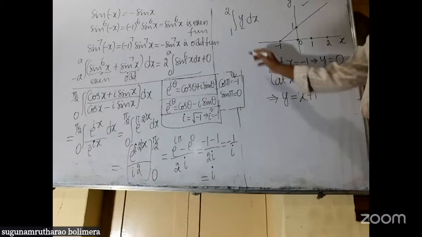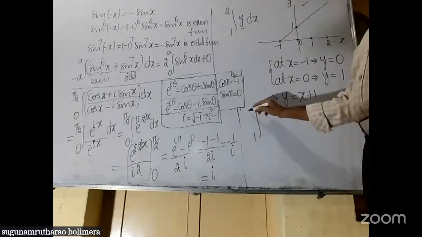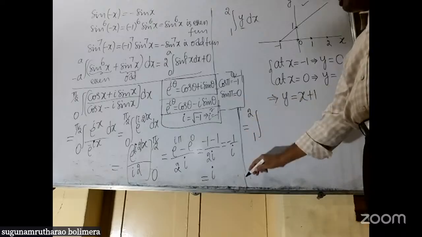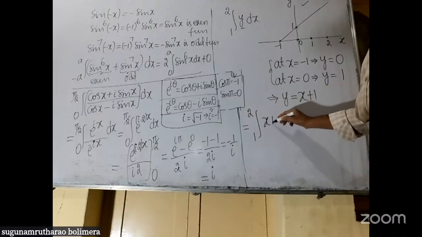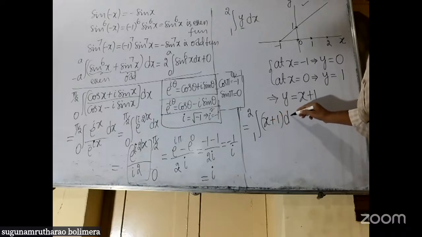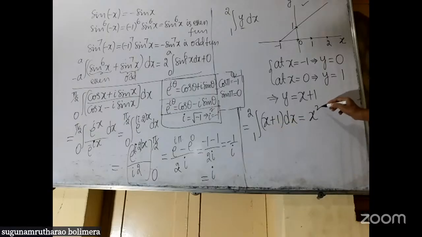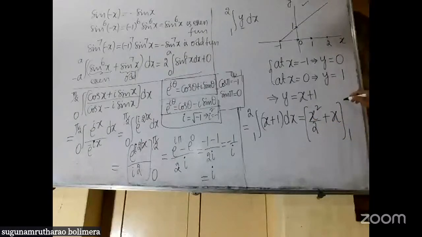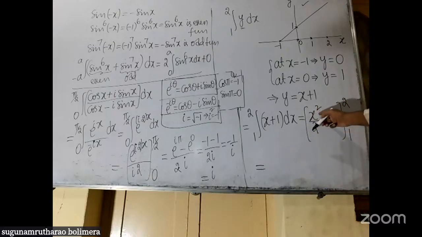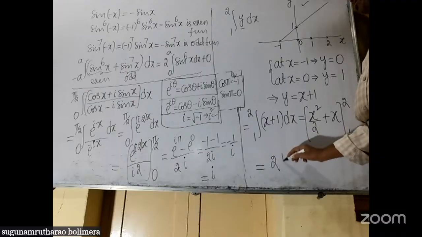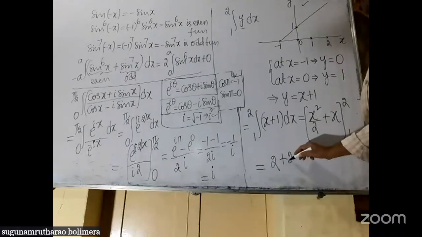And then directly the answer will be integral 1 to 2, where y is nothing but x plus 1, dx. So this is equal to the integral of x, which is x square by 2, plus x, with limits from 1 to 2. If you write the upper limit value, 2 square by 2, nothing but 2, plus 2.